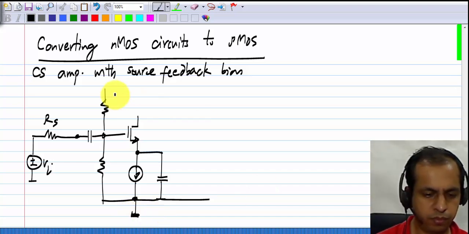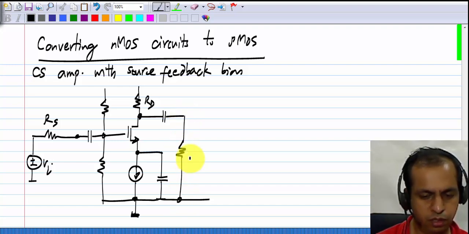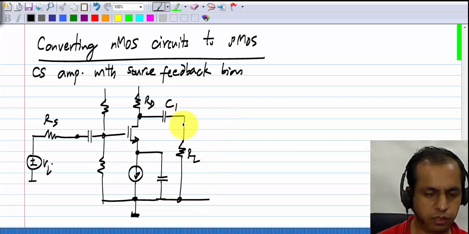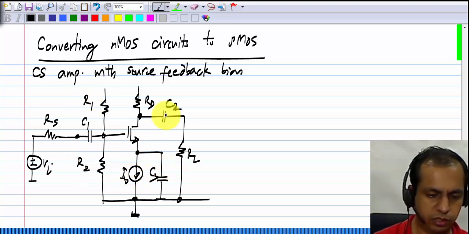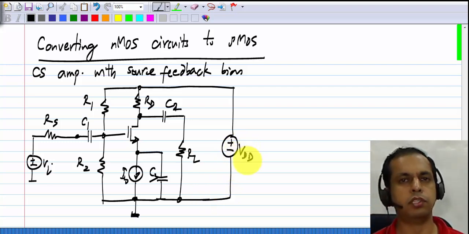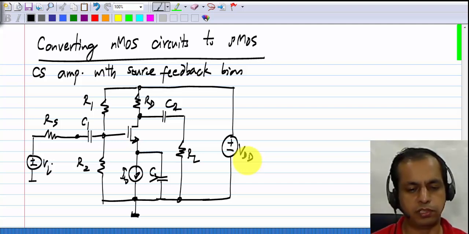And at the drain, let me assume that we have a drain bias resistor RD and a load resistance RL, which is connected to ground. C2, C1, C3, I0, R1, R2. This is the circuit with NMOS transistors.